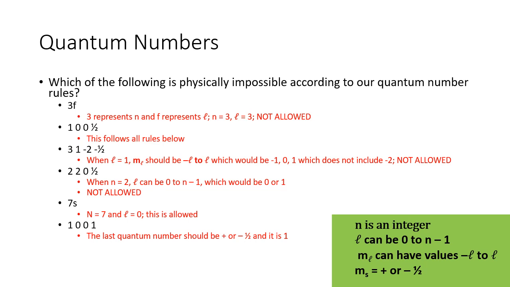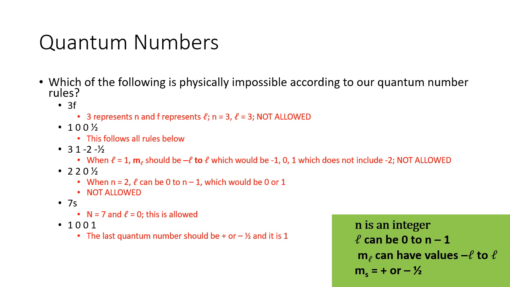Then we have 3, 1, negative 2, negative 1/2. So our n and our L are okay, but when we go to the m sub L, it can be negative L to positive L, and our L was 1, so it can go negative 1, 0, 1. That does not include negative 2. This is not allowed. That's not an orbital. We have 2, 2, 0, 1/2.